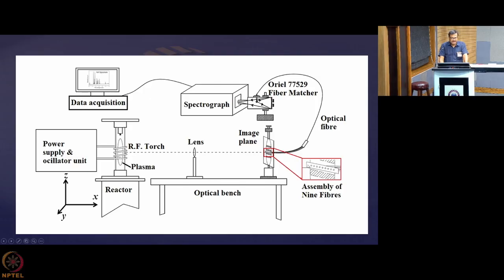But the fibers near the edge intercept less length of the plasma plume, because they are along the chord, not along the diameter, so their contribution comes from a lesser region. But ultimately, what you are essentially doing is integrating the intensity along the line of sight, and that is what you record as intensity through your fiber in the spectrometer.